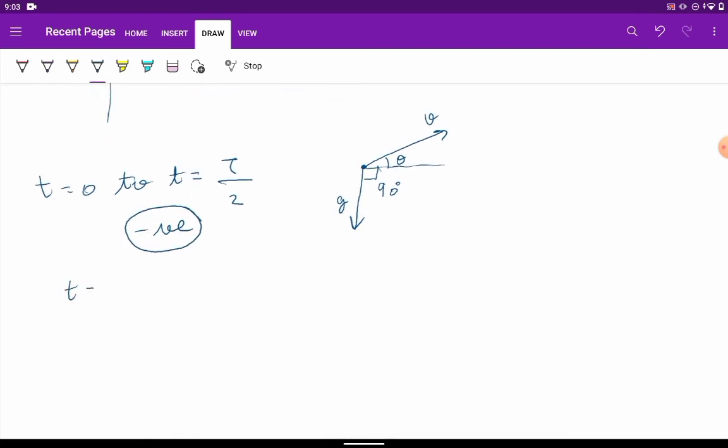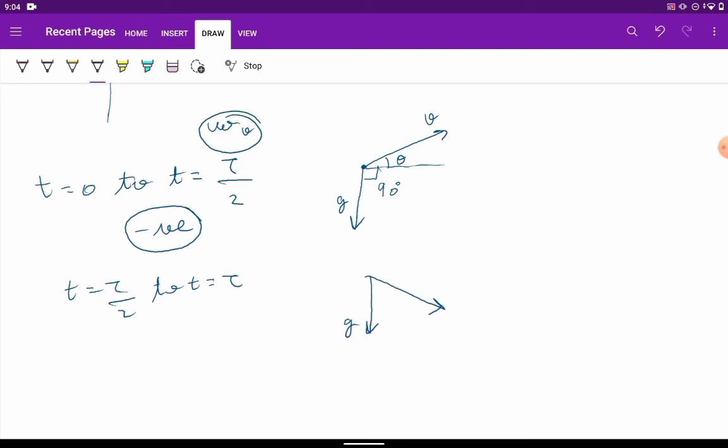But if we consider from t equal to tau by 2 to t equal to tau, and this is all regarding wv, the component of the acceleration in the direction of the velocity vector. So t equal to tau by 2 to t equal to tau, it basically makes a negative angle, right, and g is this way.